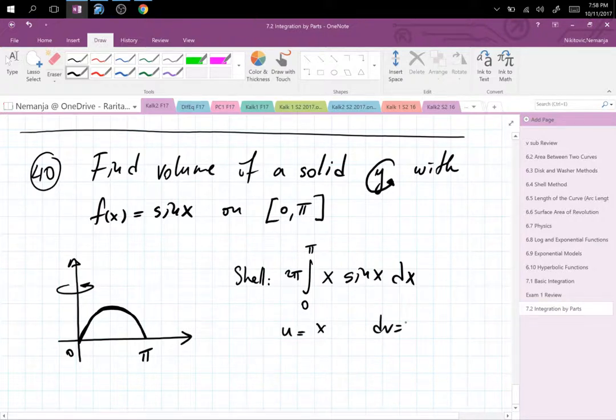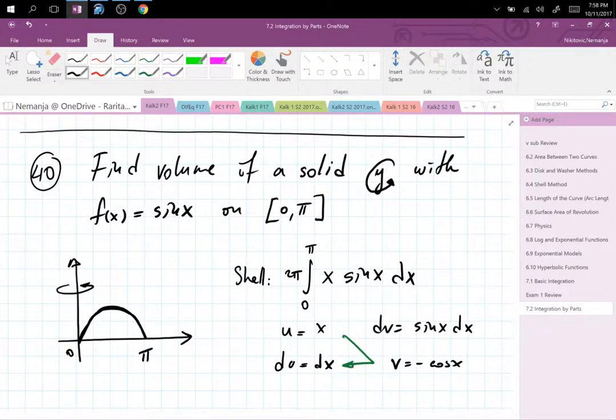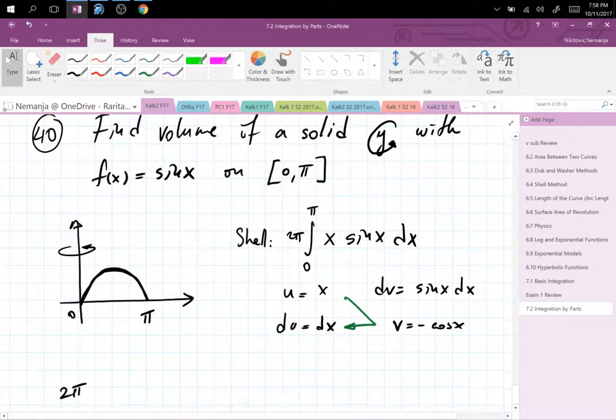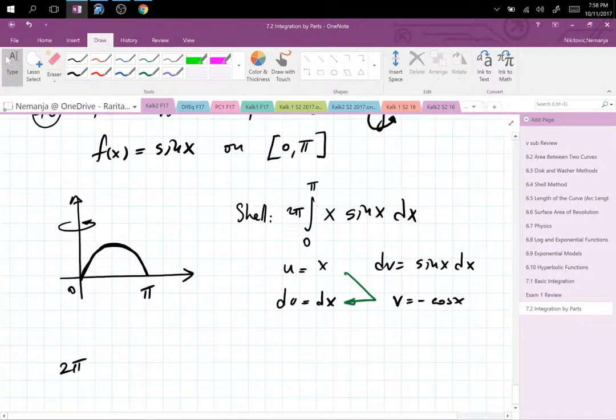So now unleash the standard procedure. So we have 2 pi that multiplies everything.